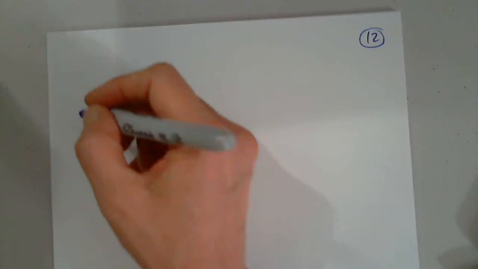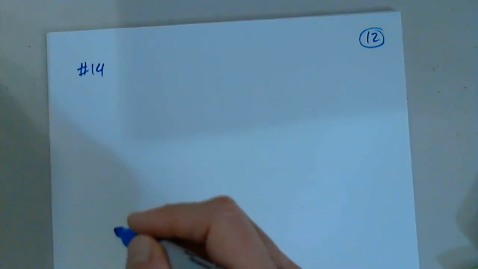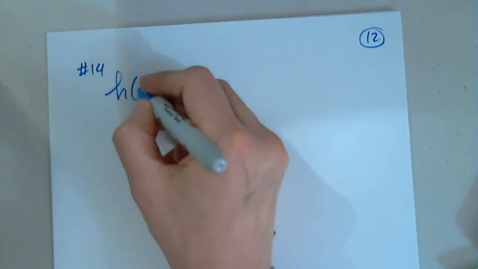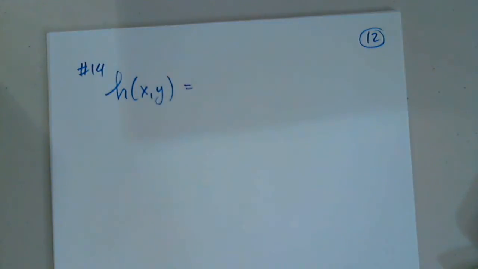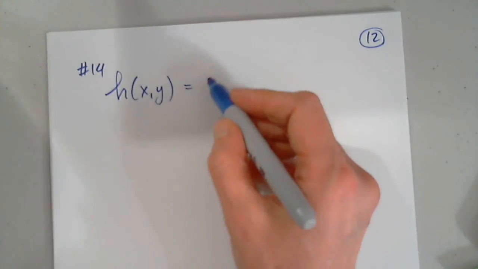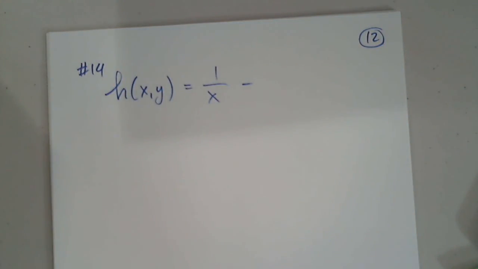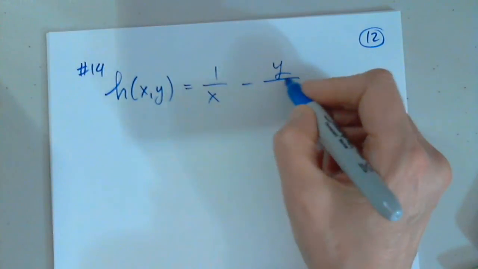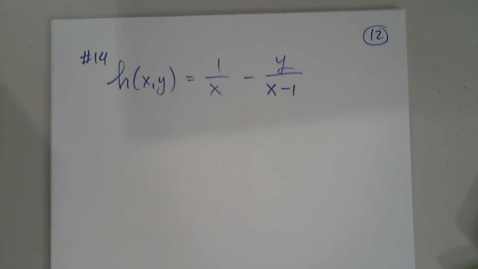Final question. Promise. I would like to find the domain of this function. Just 14, last problem. We're given a function of 2 variables, and it's 1 over x minus y over x minus 1. We've done this a long time ago.